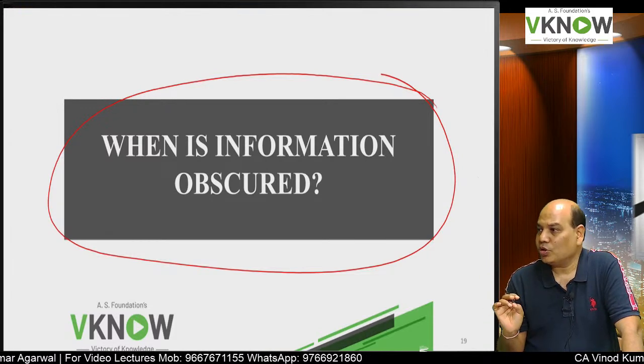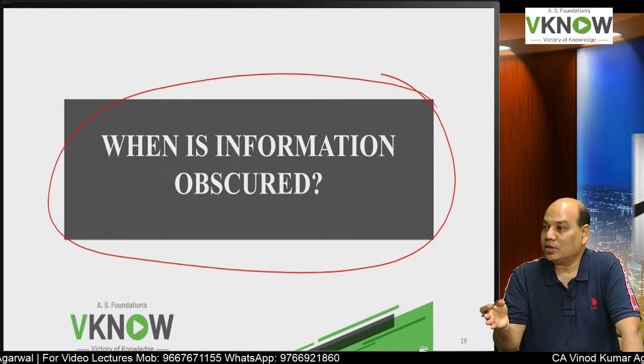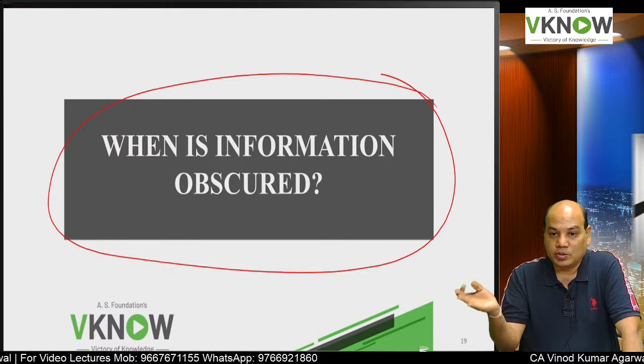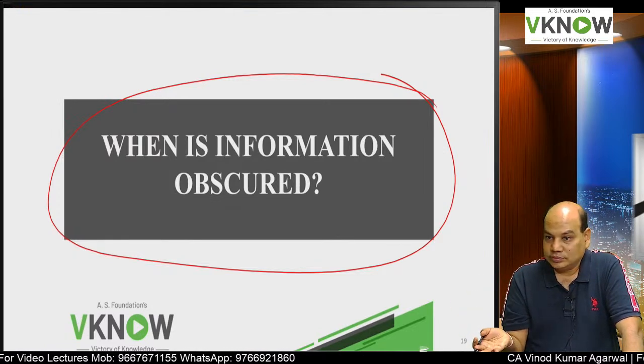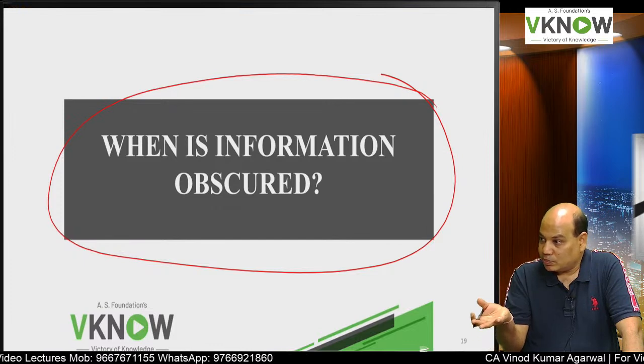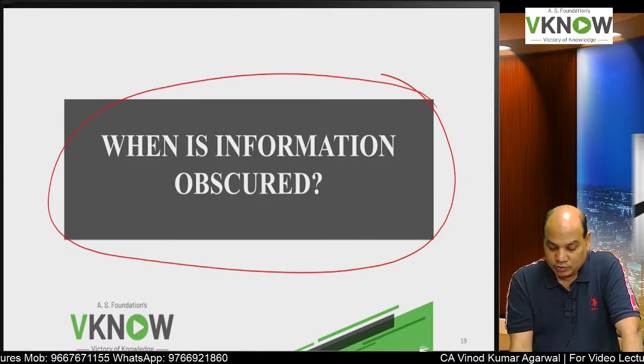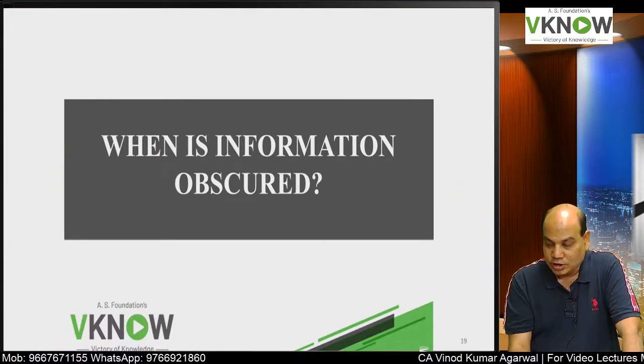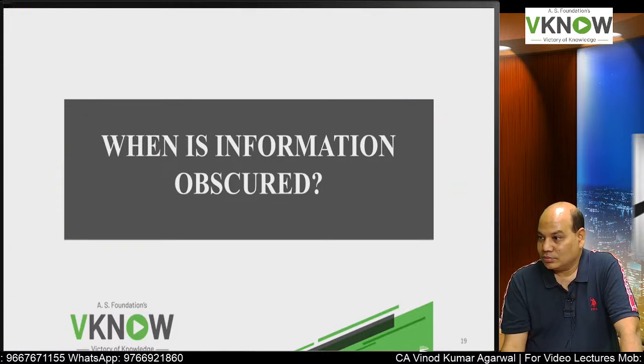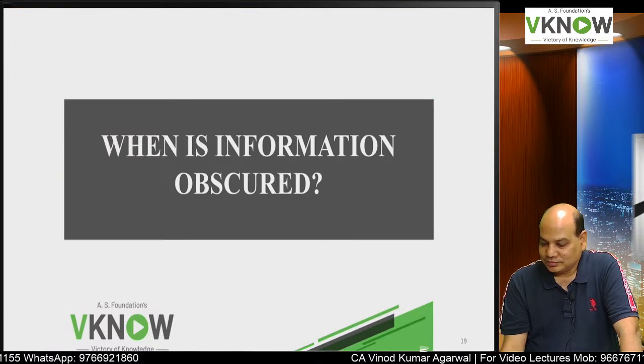That is also obscuring the information. You will say, no, I have given it, but then most of the public are not able to understand. In fact, they hire people to draft such statements. And nowadays, because of artificial intelligence coming in, they will make it more complicated.